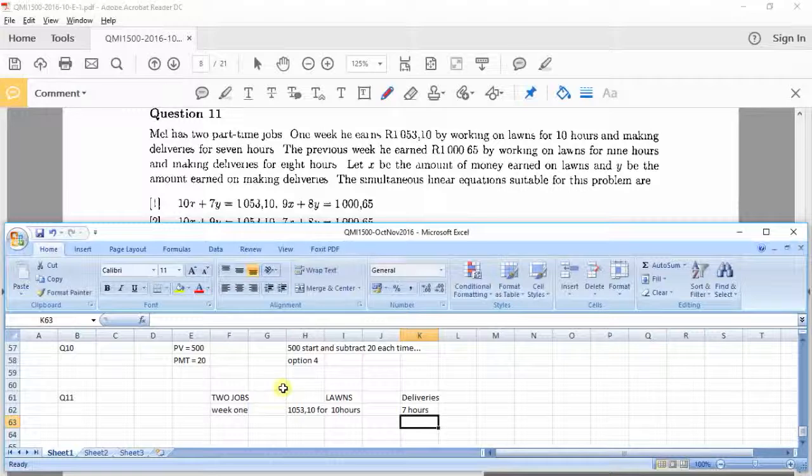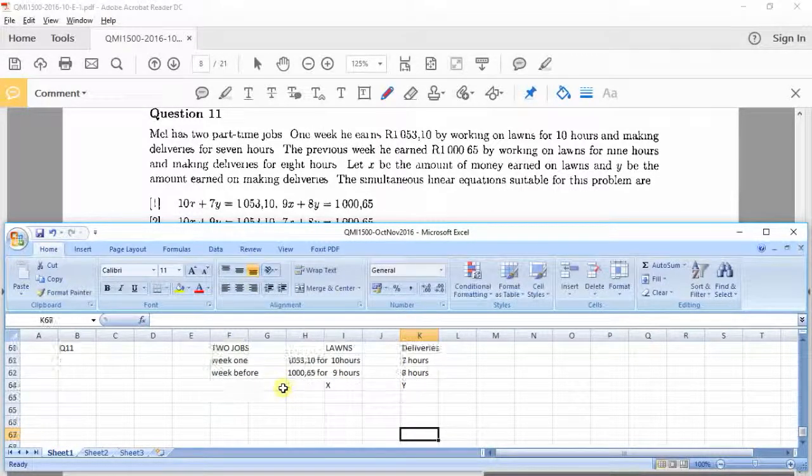The previous week, so the week before, she earned 1000,65 for 9 hours on the lawns and 8 hours doing deliveries. Let X be the amount of money she earned on the lawns. So X is the amount that she earned on the lawns and Y is the amount that she earned on the deliveries. The simultaneous equation suitable for this problem is as follows.